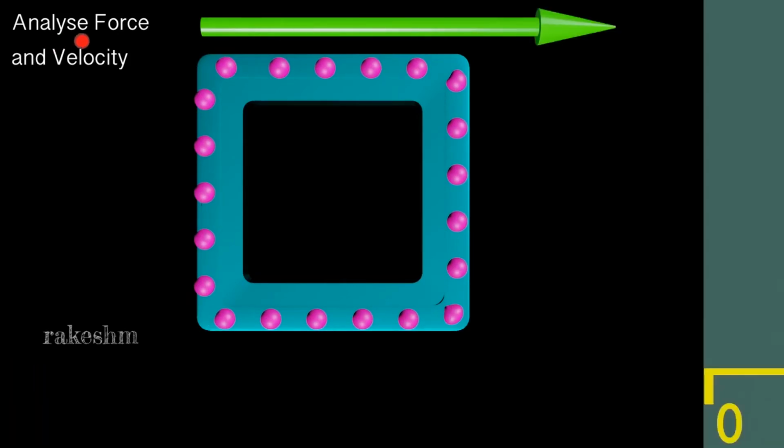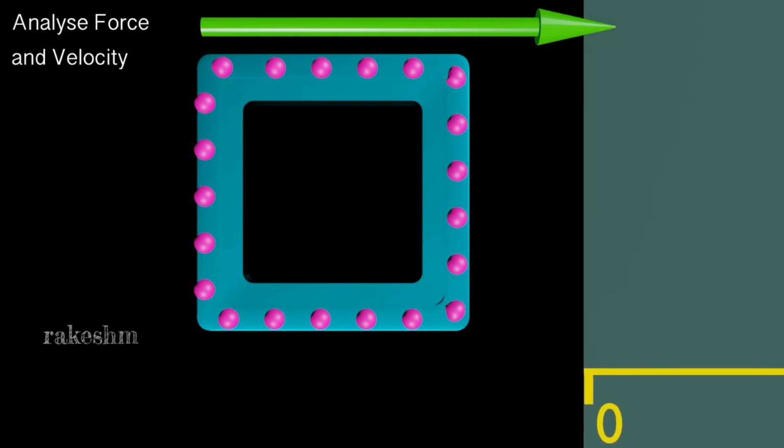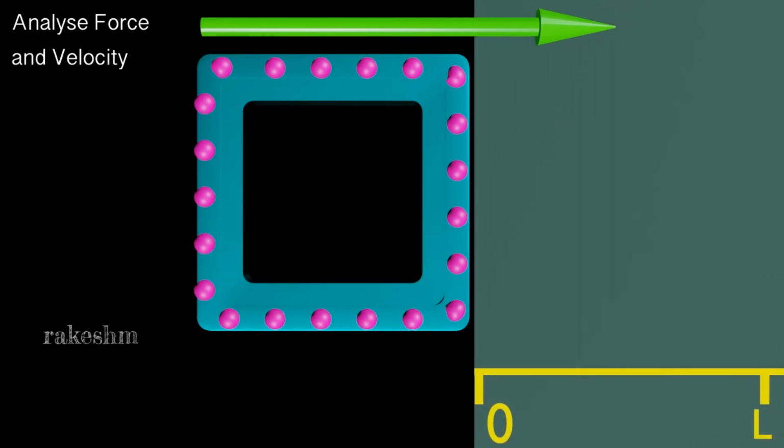Next, let us analyze the force and velocity of the loop as it goes through the magnetic field. From x equals this position to x equals 0, there is neither current nor any magnetic field, so there won't be any force acting on this loop. When this loop enters the magnetic field, we know that there will be a current in the anti-clockwise sense.